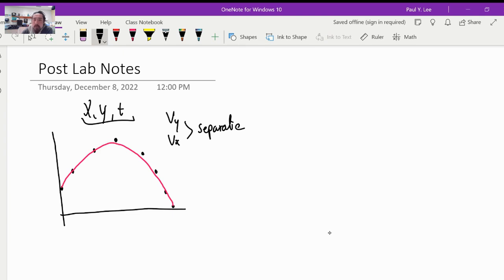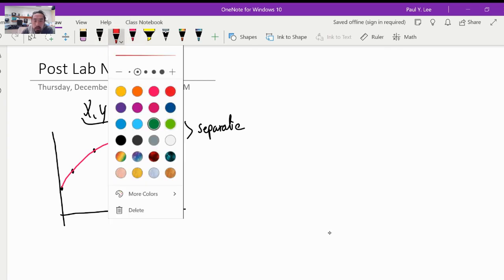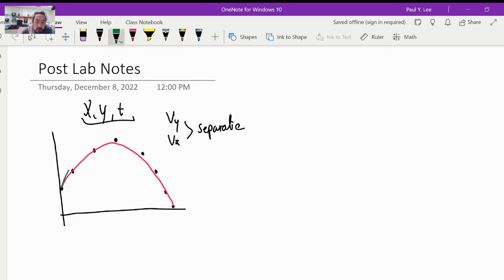We view them as the total velocity. So, for example, when we first launched the ball, we knew that the ball was traveling up and to the right. At the peak, the ball was traveling forward a little bit, and when it landed, it was traveling down and to the right.